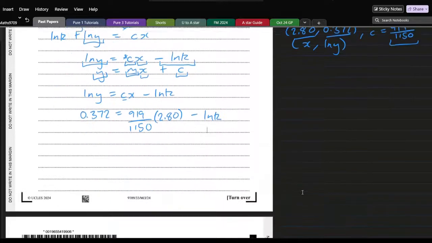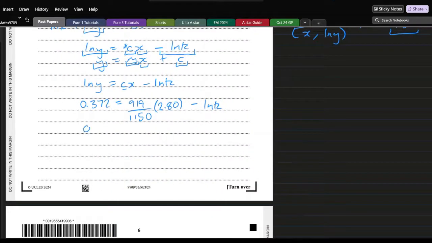Alright, so let's simplify and solve for ln k. So 0.372 is equal to 919 over 1150 multiplied by 2.8, and that gives us 6433 over 2875 minus ln k.